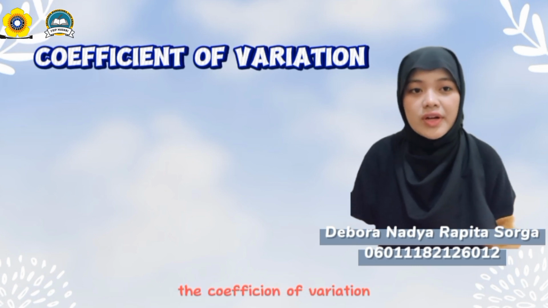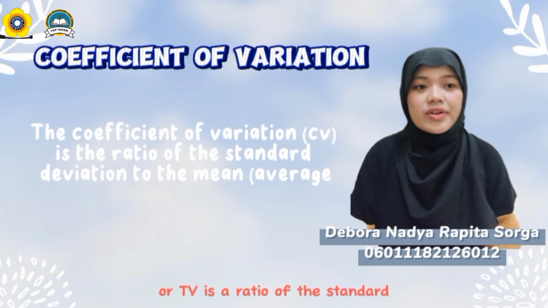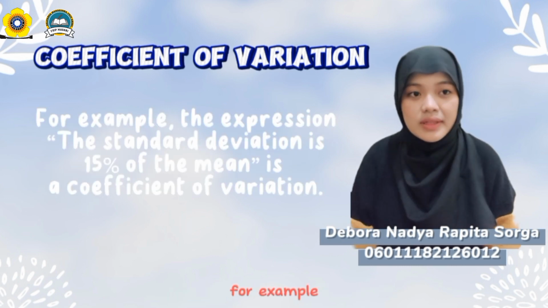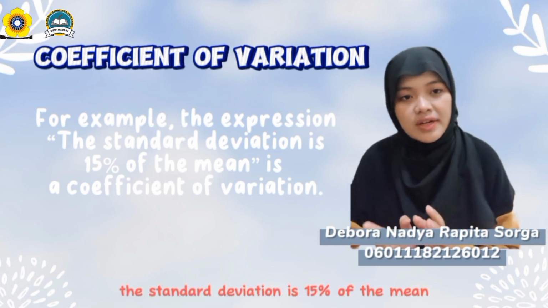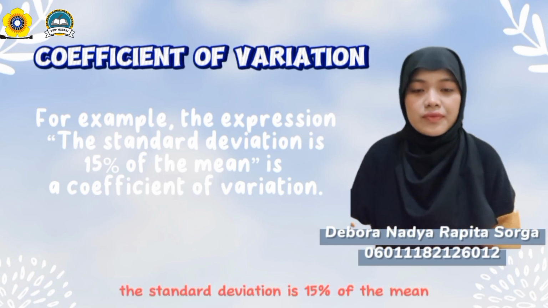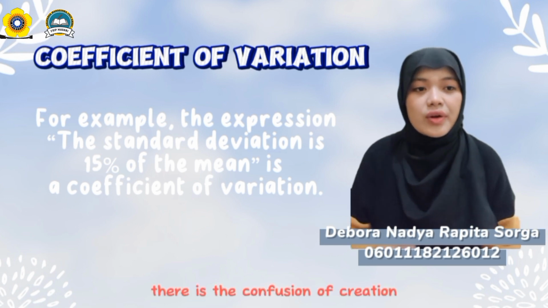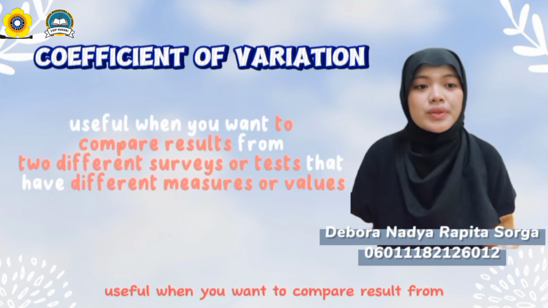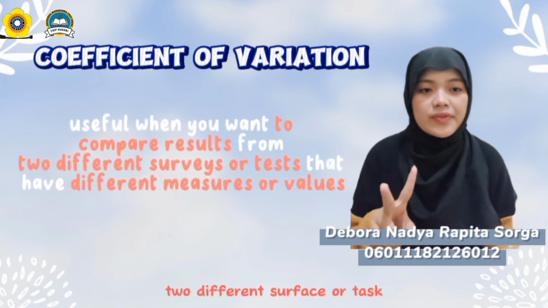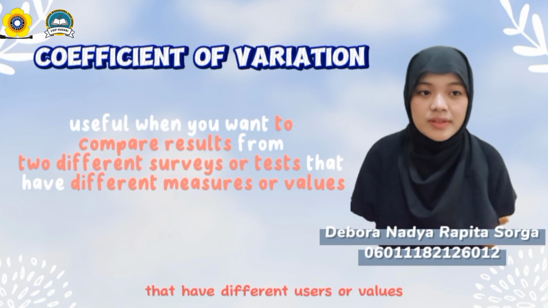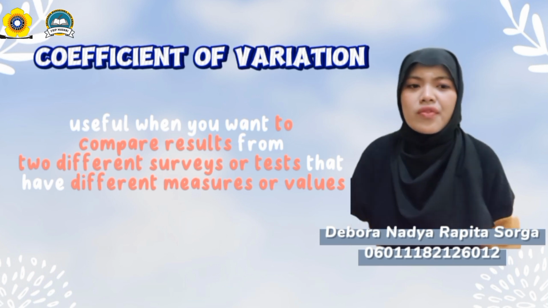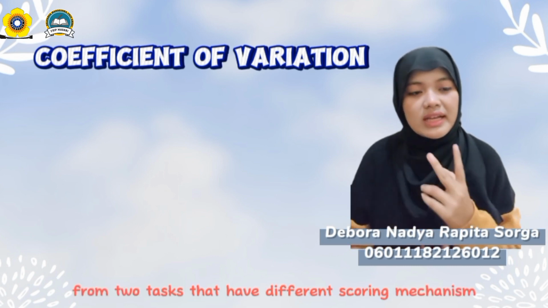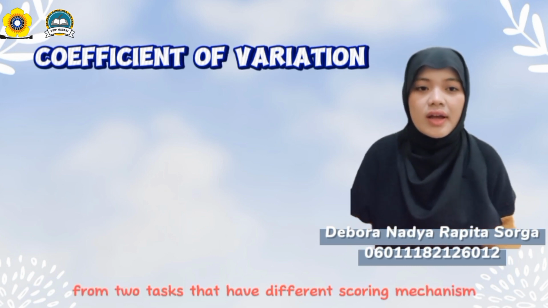The next material is the coefficient of variation. The coefficient of variation, or CV, is a ratio of the standard deviation to the mean or average. For example, the expression "the standard deviation is 50% of the mean." This is the coefficient of variation. The CV is particularly useful when you want to compare results from two different surveys or tasks that have different measures or values. For example, if you are comparing the results from two tasks that have different scoring mechanisms.